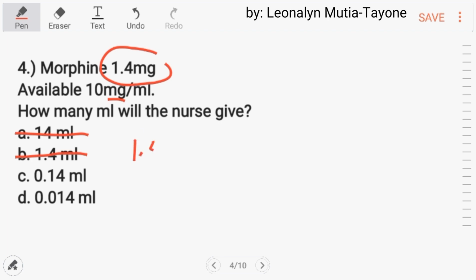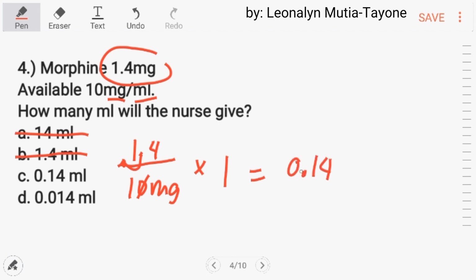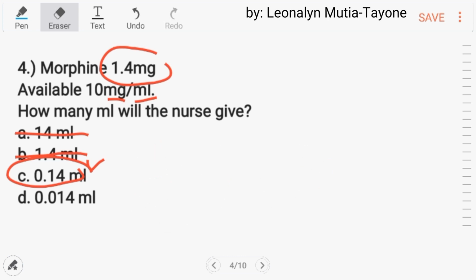Dose desired is 1.4 milligram versus the available dose times the volume, which is only 1. And that is 1.4 divided by 10. There is only one 0, so all we have to do is just move 1 decimal to the left. So the answer is 0.14, letter C.